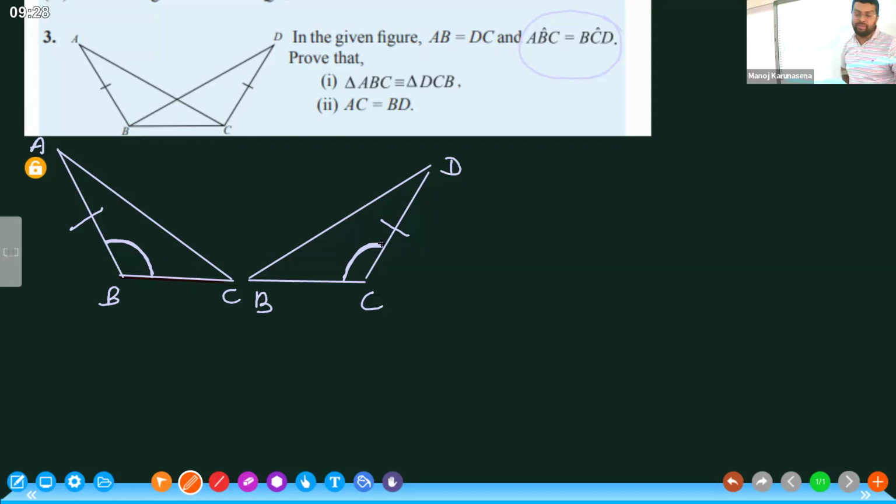What do you think? Can we prove that these two triangles are congruent to one another?